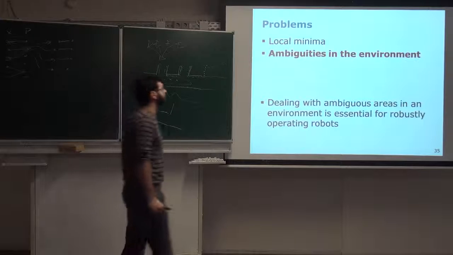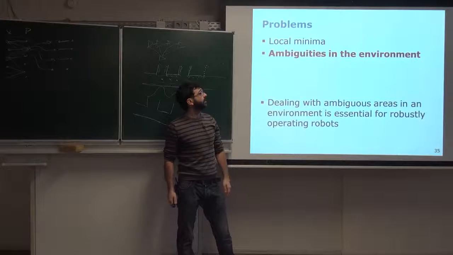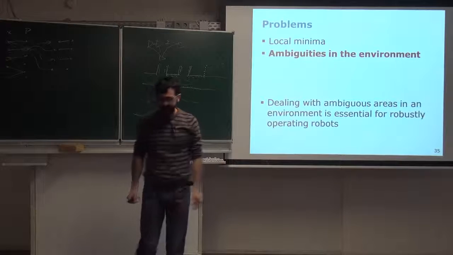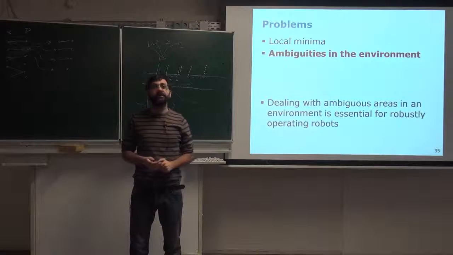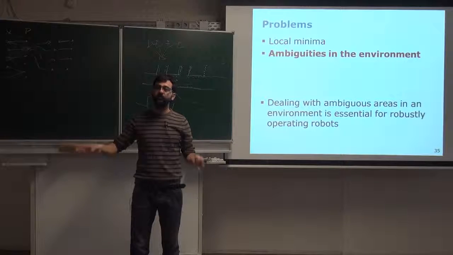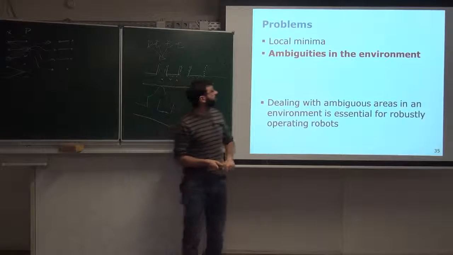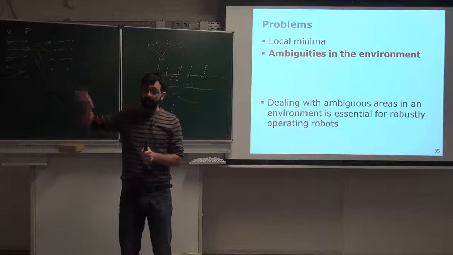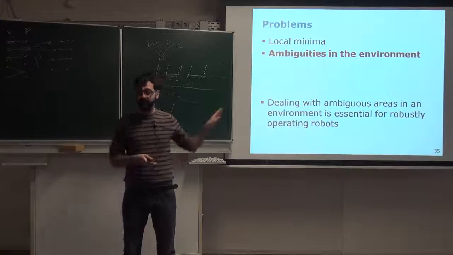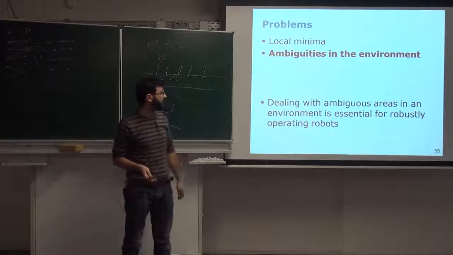Local minima are harder to solve. From a RANSAC point of view, you can do more iterations, but you're never 100% sure that you remove any local minimum, so you have to live with that. The ambiguities in the environment we can handle outside of the matching part, and that's what I was telling you over and over. We'll see it in the second part, so we'll see it right now.